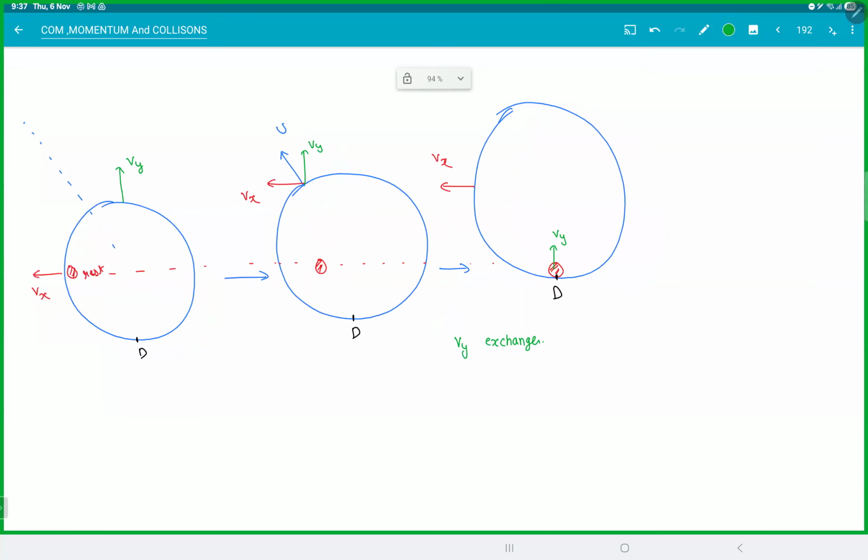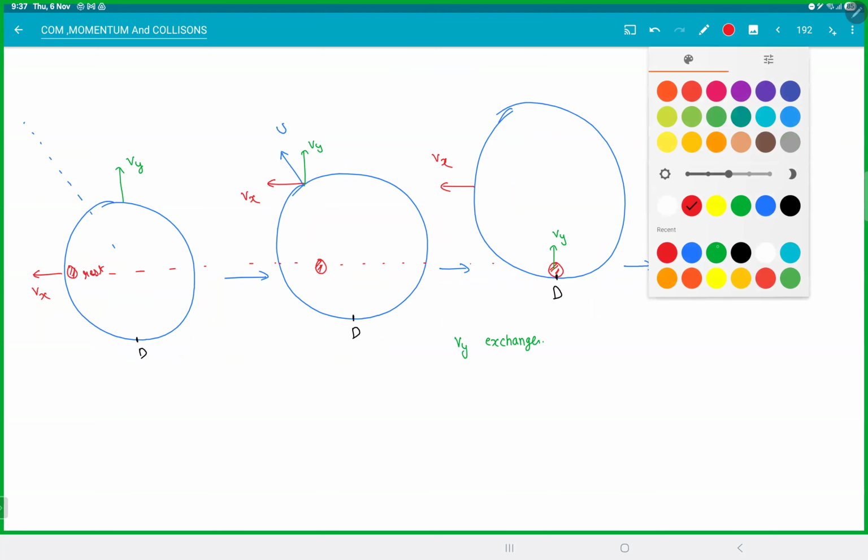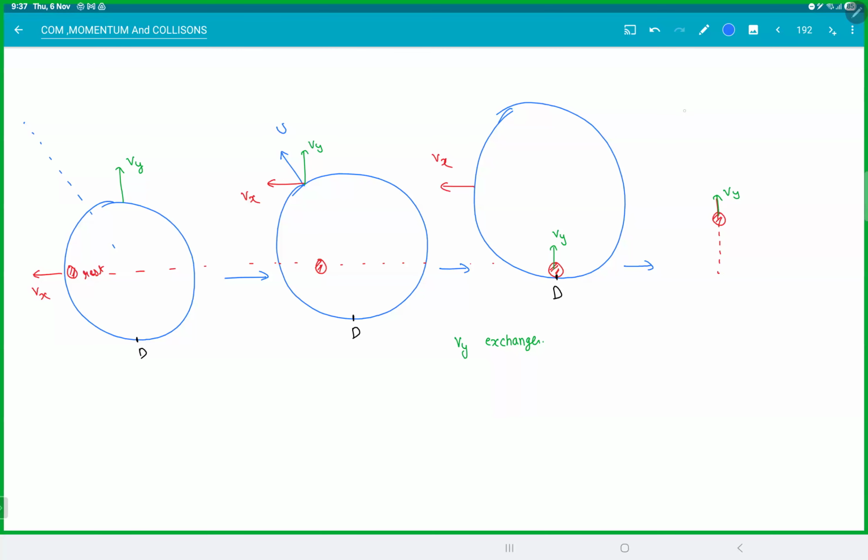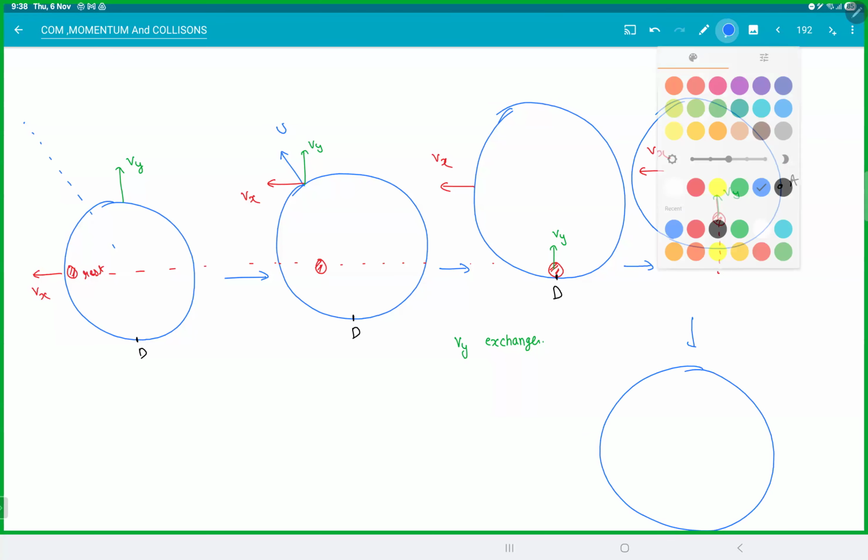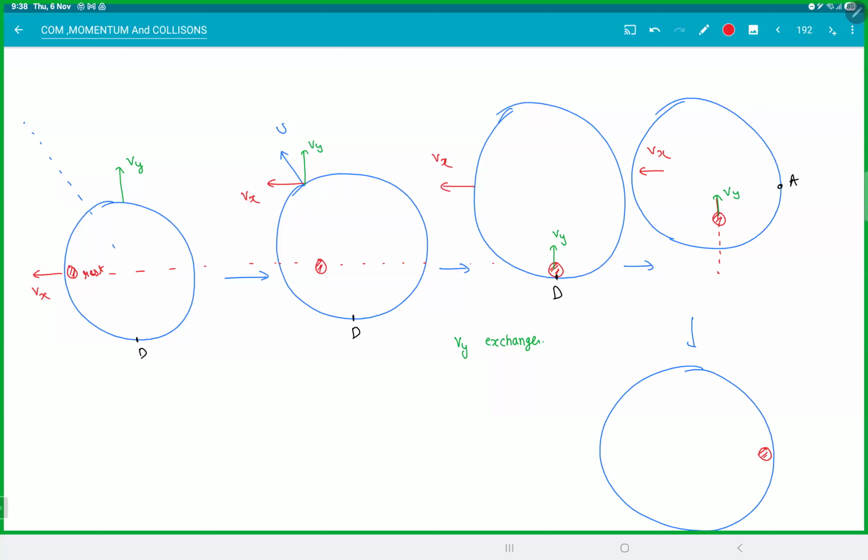And now what will happen? Now the coin is going up and the ring is going to the left. So your coin is going straight with Vy, and your ring is going to the left now. Something of this sort. Where is it going now? It is going towards A. And then the collision will happen at point A. And then what will happen?